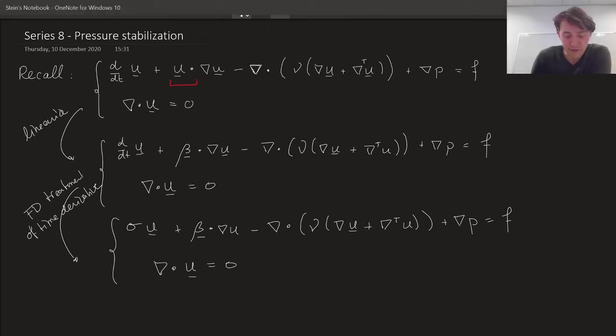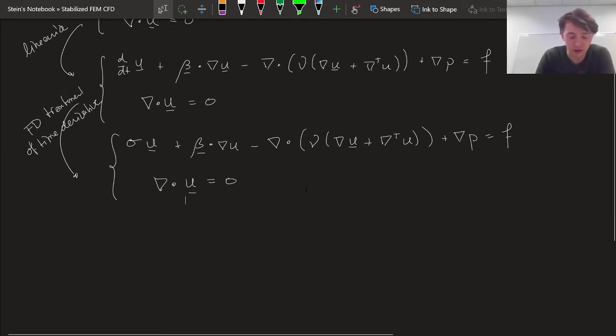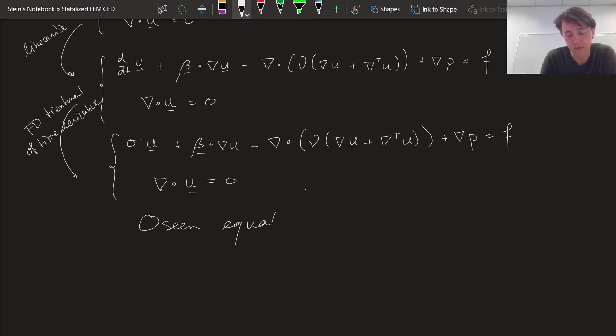And this simplified version of the Navier-Stokes equation actually has a different name. This is the Oseen equation. Well, these are the Oseen equations. There are two equations, a momentum equation and an incompressibility constraint. These are the Oseen equations.